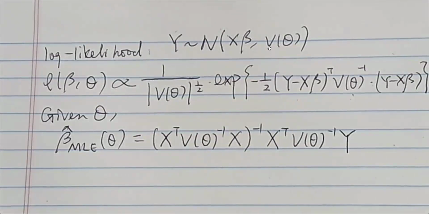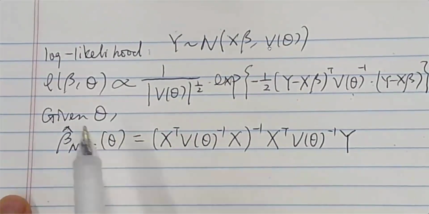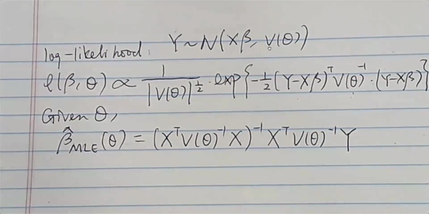The weighted least square formula. Then how do we find the estimator of theta? We put this estimator of beta into the likelihood, because now it's a function of theta, so we're only left with theta.